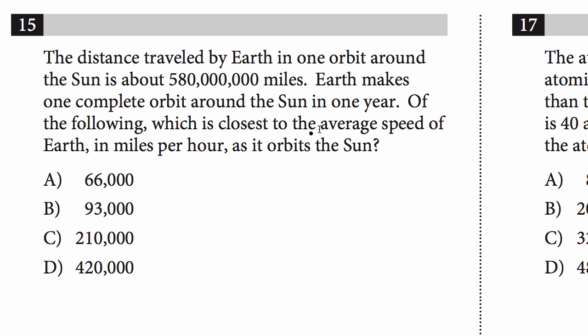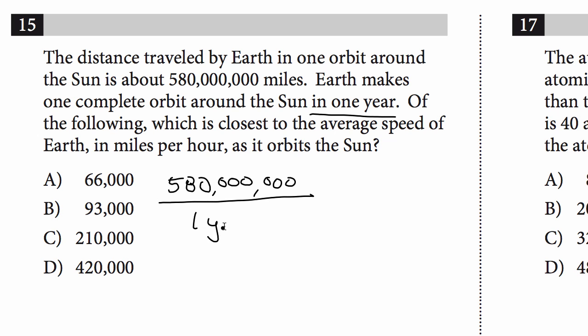Okay, so we got Earth makes one complete orbit around the Sun in 1 year. So we're doing 580 million miles, and I would put it over 1 year. Of the following, which is the closest to the average speed of the Earth in miles per hour? Okay, so the issue is that we have miles per year.